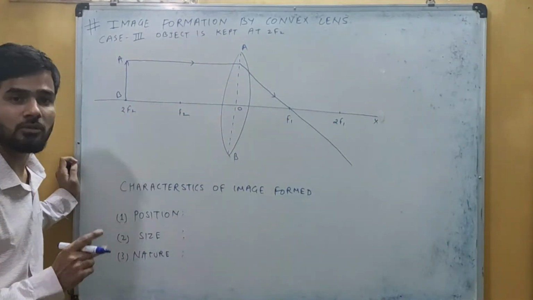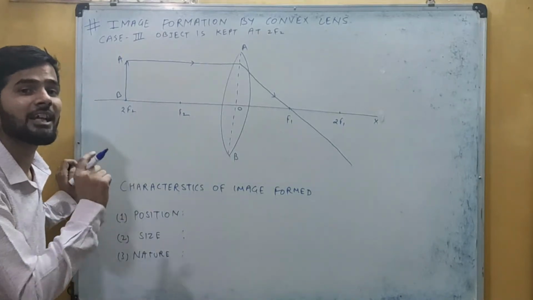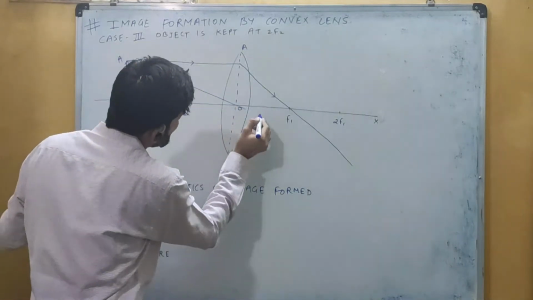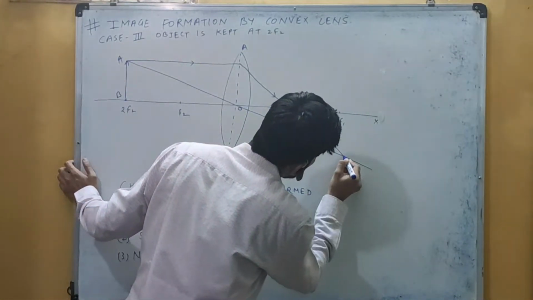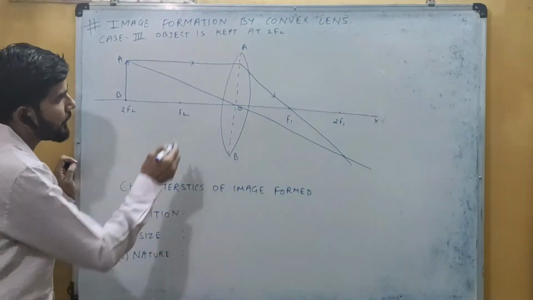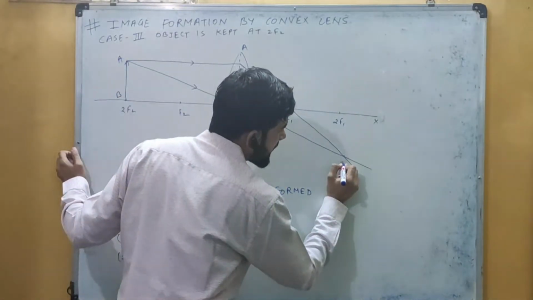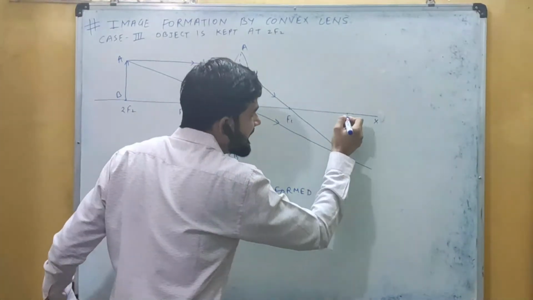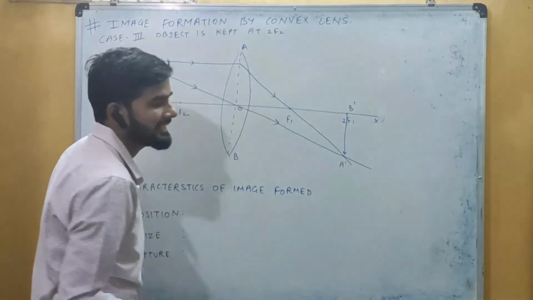Here we will use again rule number second, that is if a ray of light passes through the optical center it remains undeviated. So it passed through the optical center, and then it will meet at this point. Okay, so the image for point A we will mark as A dash. When we draw point B, this will be the point B dash.